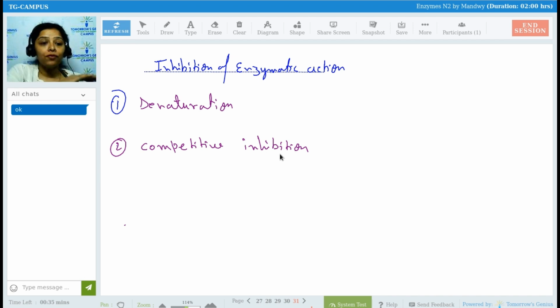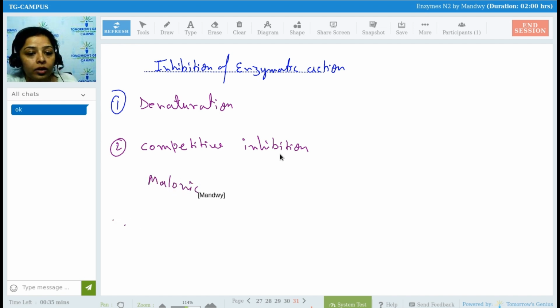And if that substance wins this race, binds with the active site, the protein part of the enzyme, it will inhibit the enzymatic reaction. For example, malonate or malonic acid. This malonic acid is also known as malonate.